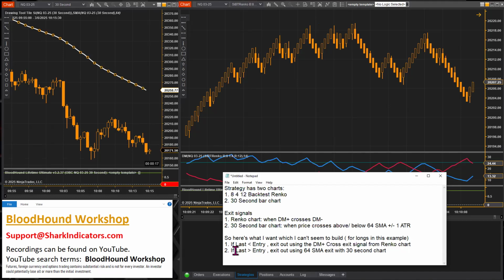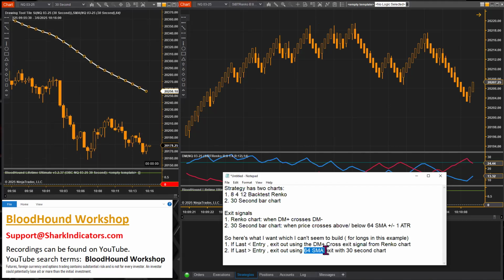However, if the trade is profitable, so the last price is greater than the entry, meaning the unrealized profit is positive, then use the SMA indicator to exit the trade. Use this condition, the secondary time frame, to exit.